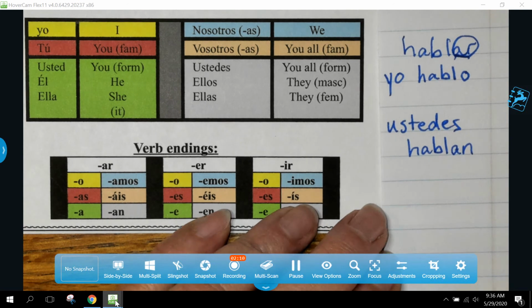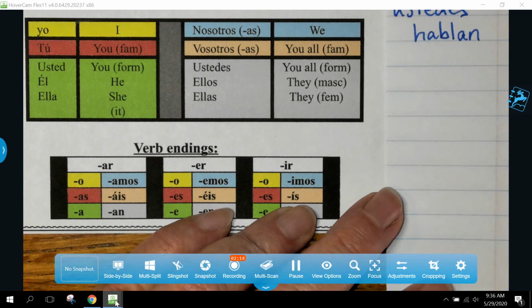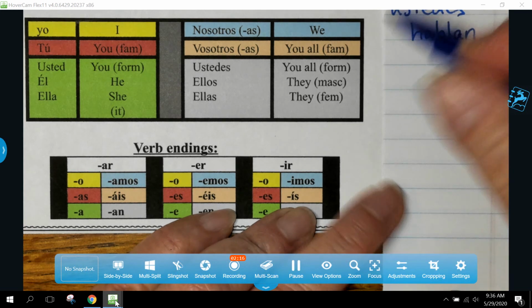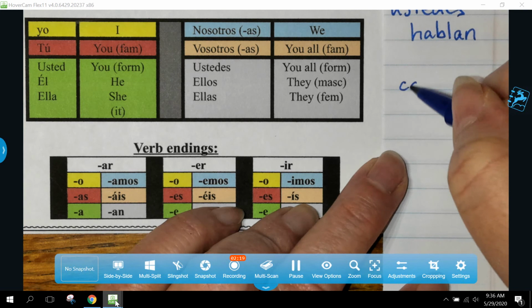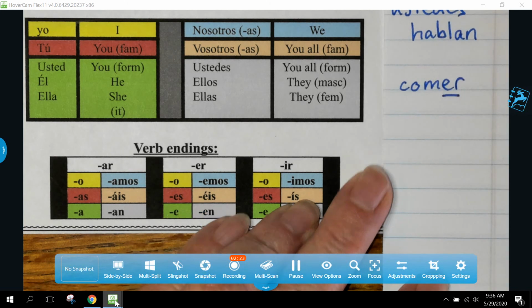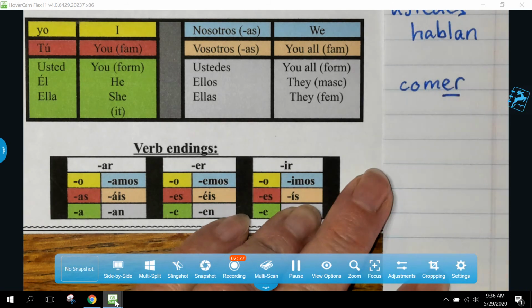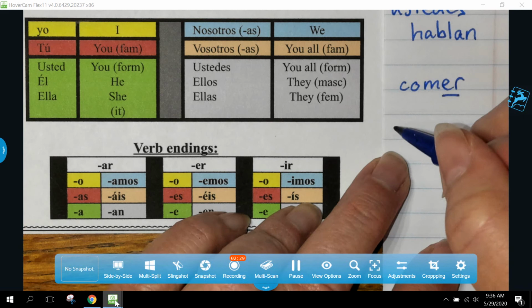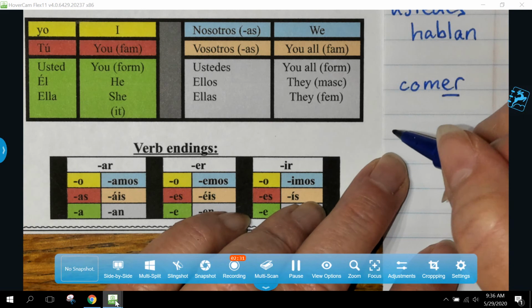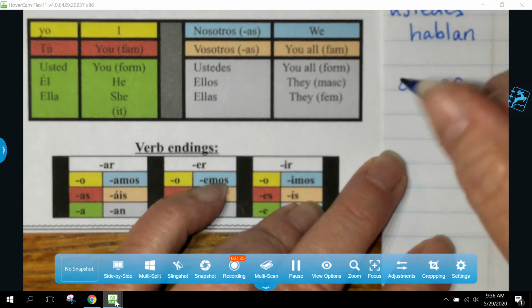Let's say instead we would like to look at an ER verb. So if we look at the ER verb, let's take comer, to eat, and we've got a negative ER at the top of the chart, so we're going to take that away. If I wanted to say you familiar, eat, you familiar is going to be tú with an accent mark.